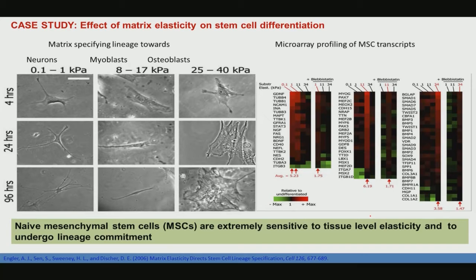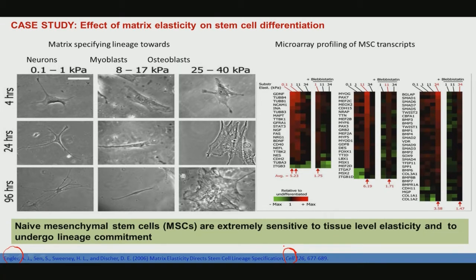As I said, this study was made by Engler and appeared in 2006, almost 10 years ago, in one of the most reputed journals, called Cell. They confirmed all this differentiation by extensive cell biological analysis as well as microarray profiling for all the different genes specific to the different cell types.